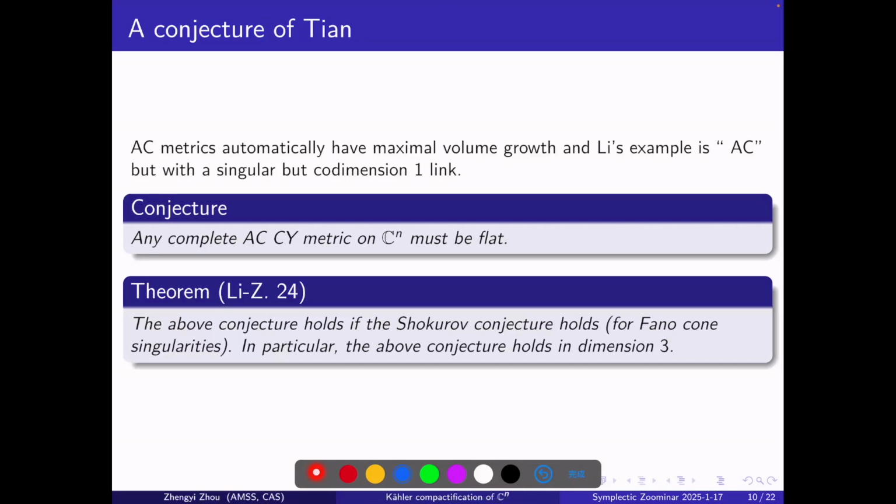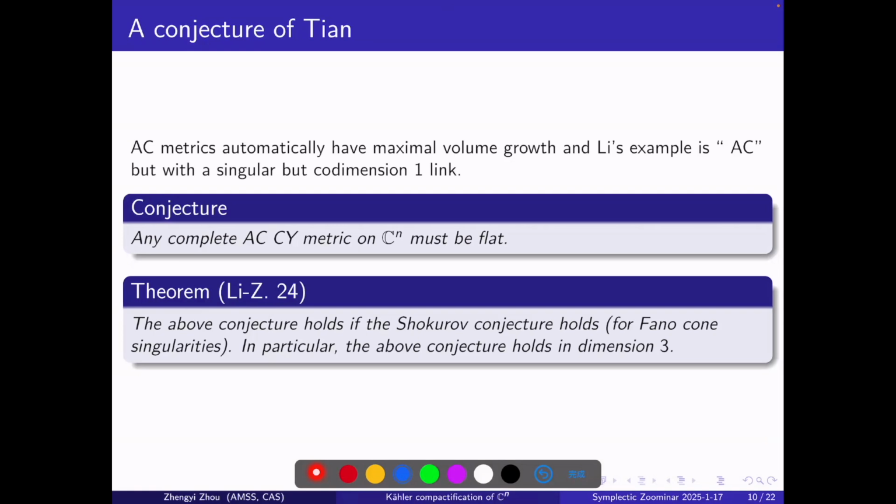Okay, and our second theorem is saying that this conjecture is true if another conjecture, maybe a harder conjecture, is true. Oh, Shokurov's conjecture. This conjecture about singularity I will recall in a minute. But I want to mention here that we do not require this conjecture to hold for all singularities.